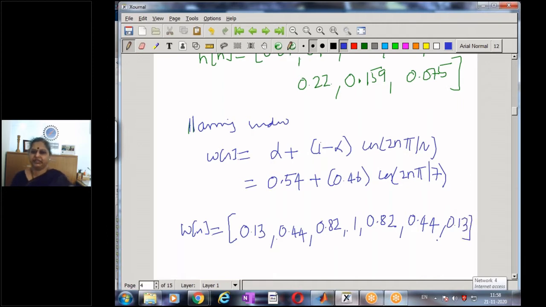So we have the 7 values. This is how we have computed the window coefficients for the Hamming window.